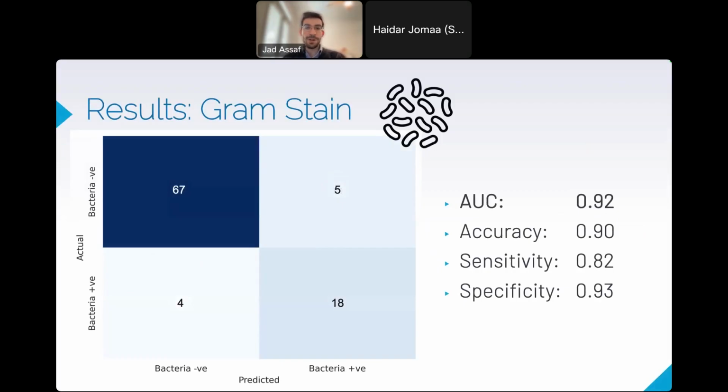So we also called this project a success, and to our surprise, it performed better than our fungal keratitis model, which had an AUC of 88% and an accuracy of 79%, even though that data set was much simpler. The fungal keratitis data set was much simpler and much easier to interpret than a gram stain model, which can only be read by experts in the field.